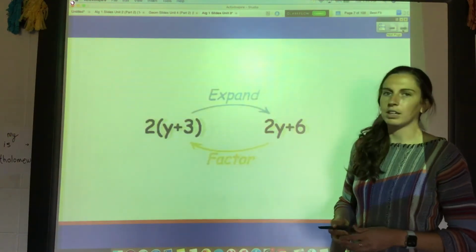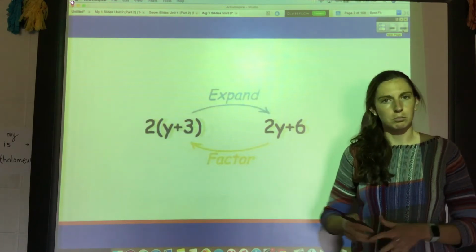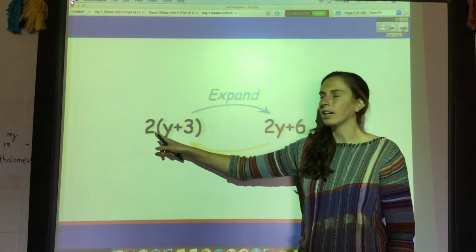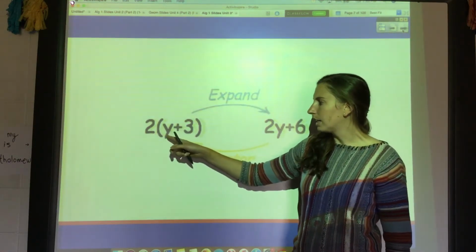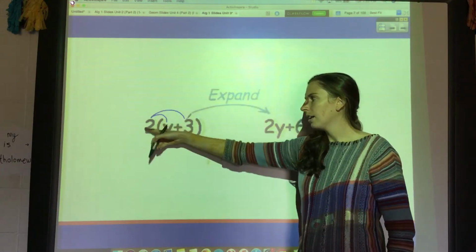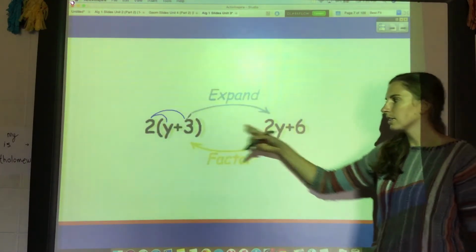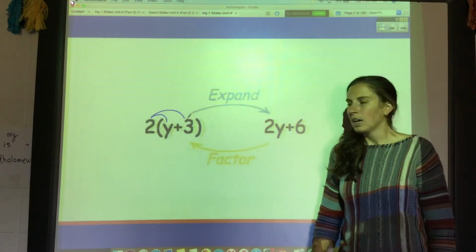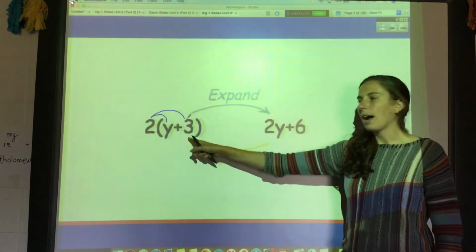Again, just as a reminder, factoring is basically the opposite of multiplying something out. So if I had this expression right here, and I wanted to distribute the 2, that would give me 2y plus 6. These expressions are equivalent to each other. They're the same thing. So factoring is like going backwards.